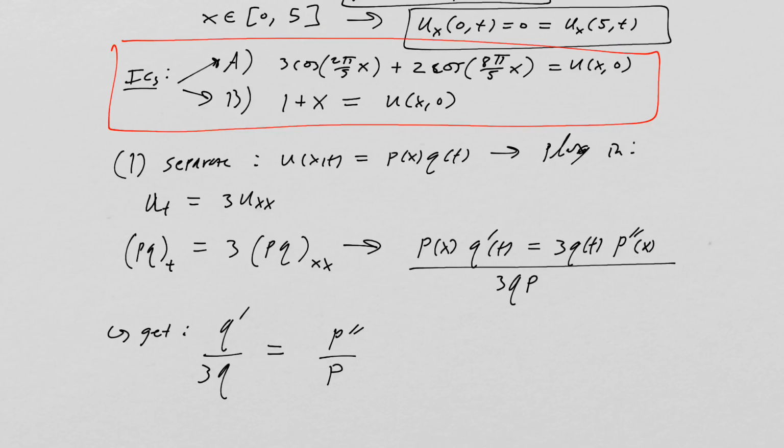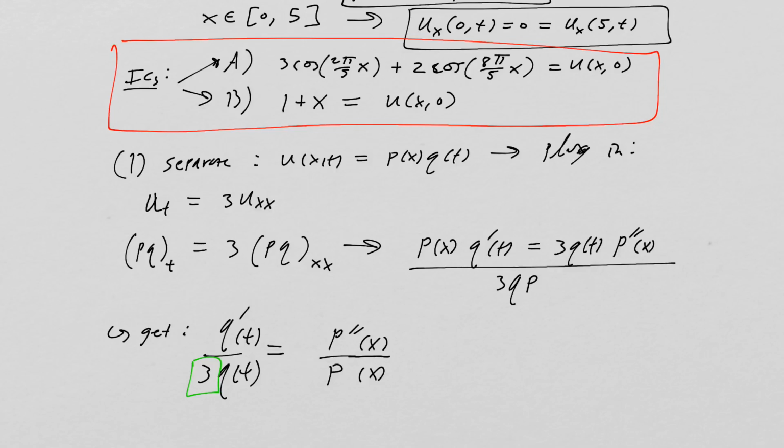It should be noted that the 3 could go anywhere, but I like to keep the 3 with the time equation, and you can see why as follows. Anytime you have two functions of two different independent variables and they're equal to each other, because x and t are completely independent, I can choose x to be lots of different things, and I can pick t to be lots of different things.